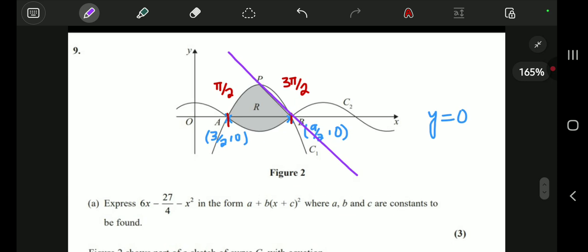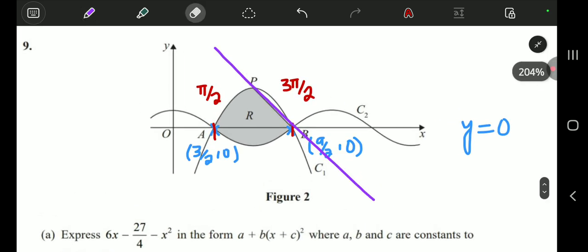So for line L, what do we need? We can write the equation of any line if 2 points are given.